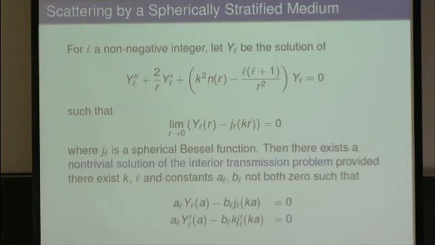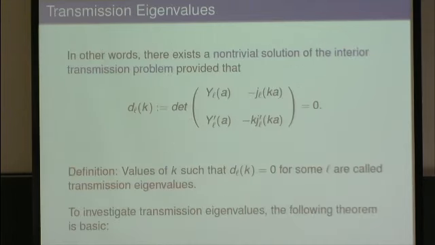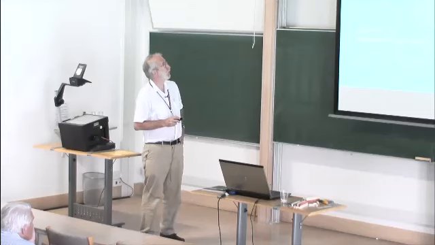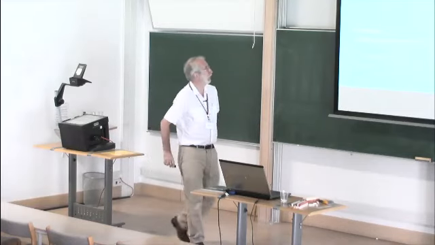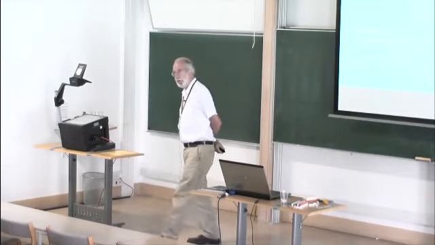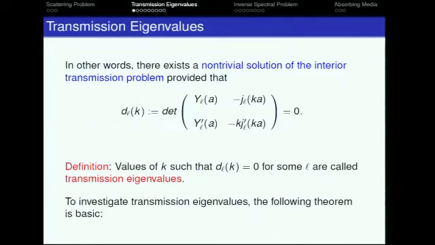So that's a very easy question to answer. A non-trivial solution to the interior transmission problem exists provided that this determinant is 0. Now, of course, there's no a priori reason it couldn't be identically 0, but if it's not identically 0, it's clearly an entire function, and therefore it has a discrete set of k values.